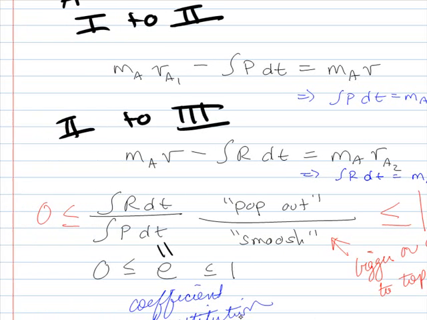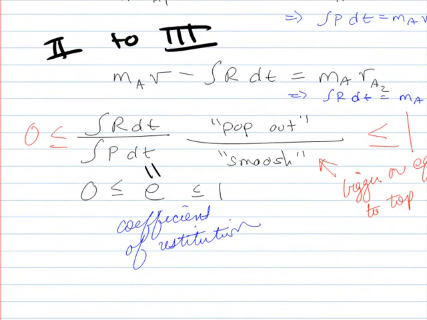Okay, so now I can divide them by each other and get my coefficient of restitution. E will be equal to R over P.